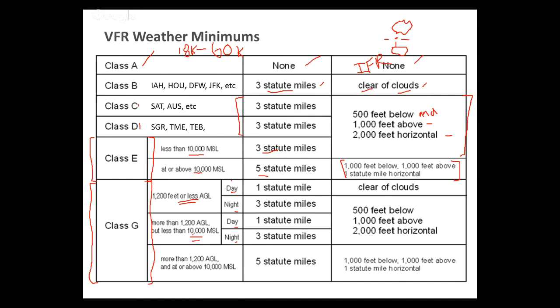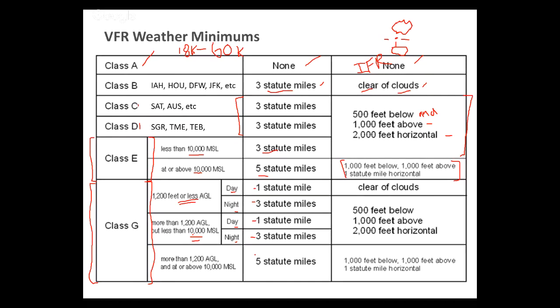After you get your certificate and you're flying, you kind of start to forget about these minimums because you set your own personal minimums, right? You have to remember this chart all over again when you go for your flight review. So for day requirements, I try to remember that Class G during the day you've got a 1 mile visibility requirement, and at night it jumps up to 3.